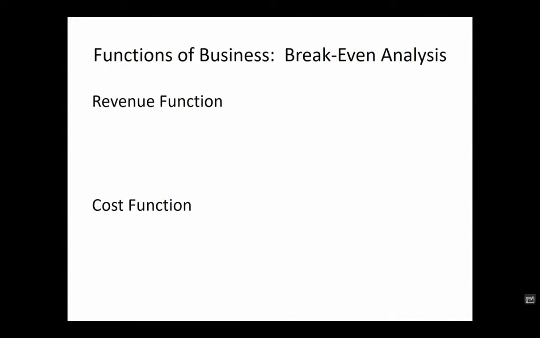Okay, the next application is an application from business. All right, so let's consider finding the break-even point. This is a problem from business, functions of business, break-even analysis. Suppose that a company produces and sells X units of a particular product.